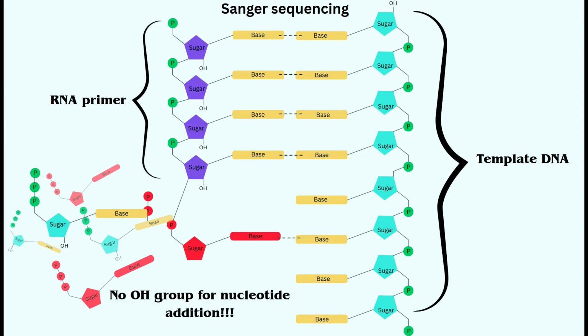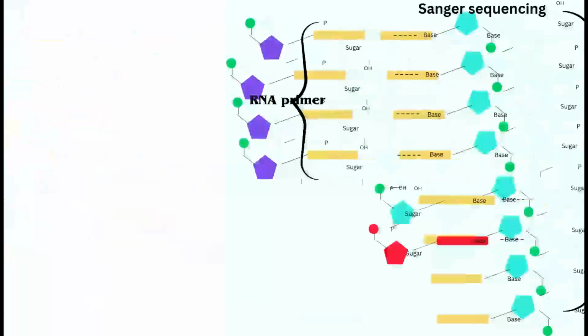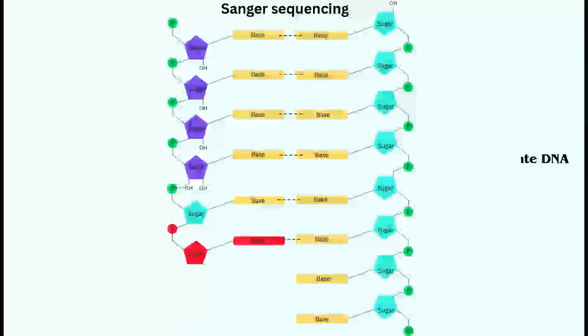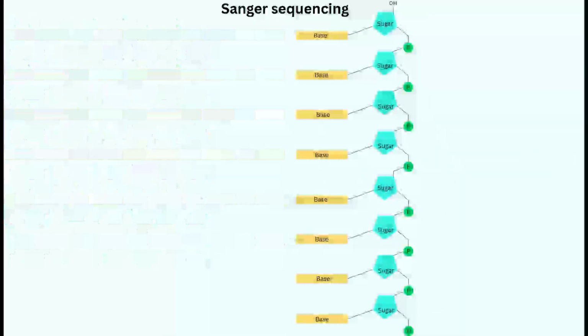Well, because that chemical bond that attaches two nucleotides together is catalyzed between the phosphate group of one nucleotide and the hydroxyl group of another. Without the hydroxyl group, incorporation of new nucleotides would become impossible.